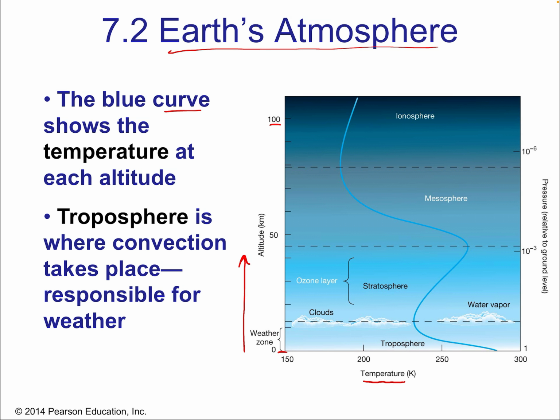Now you might expect that the temperature should just fall with altitude. As you go up to the top of mountains, it becomes very cold as the atmosphere becomes thin. But there's more to it than that. We see that within the weather zone, indeed, the temperature does fall as we go up in altitude. But once we get into the stratosphere, the temperature actually increases again.